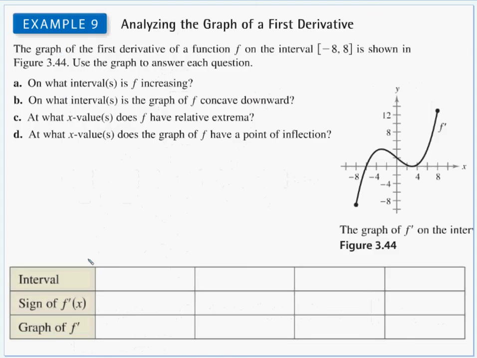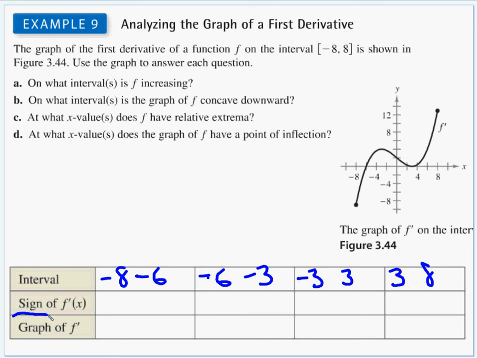Notice here we are just negative 8 to 8, so there's no infinity in here. So negative 8 to negative 6, negative 6 to negative 3, negative 3 to 3, and 3 to 8.